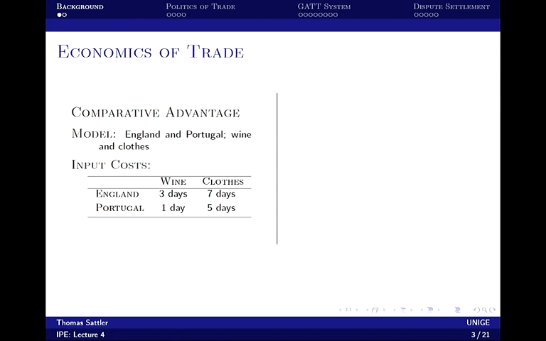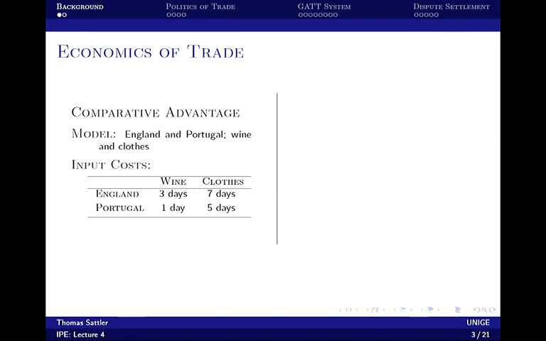And the input costs differ, so he just assumes that the price of a good is equal to the amount of time, or the labor costs, that you need to produce the good. So in England, producing wine takes 3 days, and producing clothes, one big piece of cloth, takes 7 days. In Portugal, producing a bottle of wine takes 1 day, and producing clothes takes 5 days.